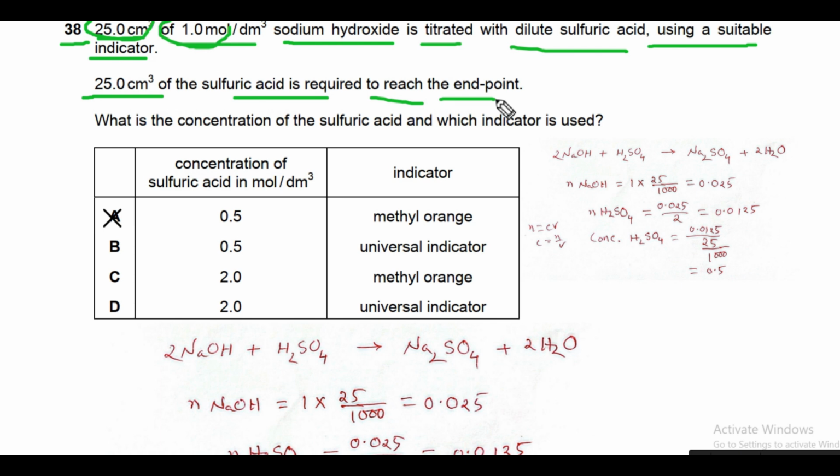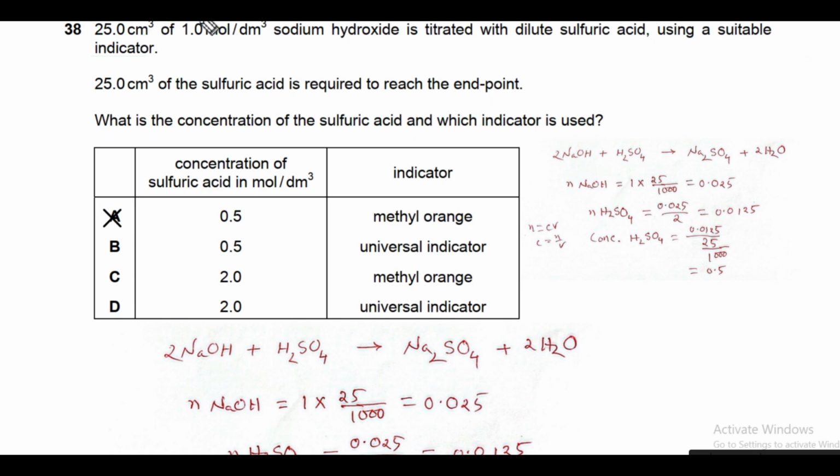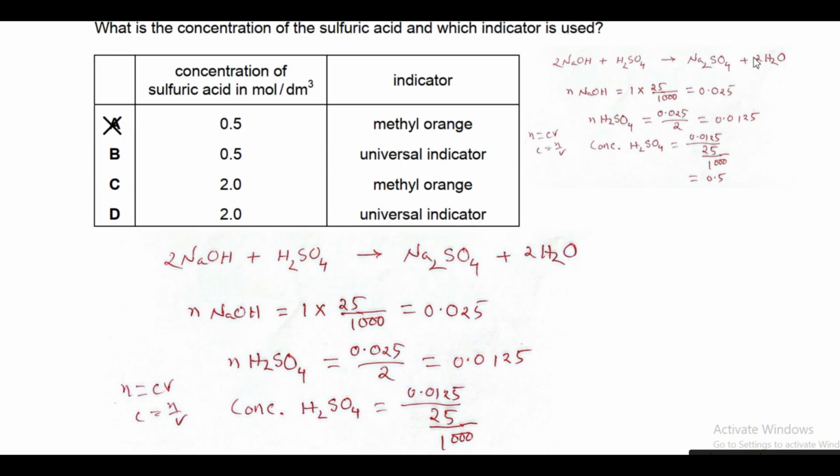What is the concentration of sulfuric acid and which indicator is used? If you calculate, you will get the answer A: concentration of sulfuric acid 0.5 and indicator is methyl orange.